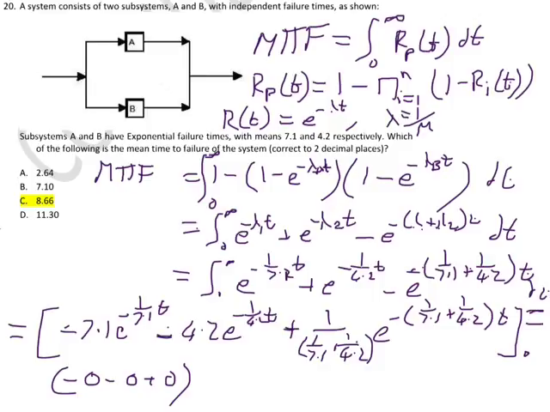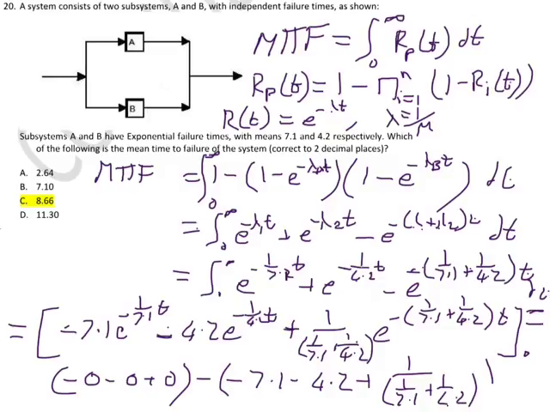And they're all e to the infinity on the denominator, so that just goes away. Minus, these ones do not go away. So now we've got e to the zeros, so all of the e parts go to 1, and then the front parts get brought down. So it's 7.1 minus 4.2 plus that whole ugly thing again, 1 over 1 on 7.1 plus 1 on 4.2.